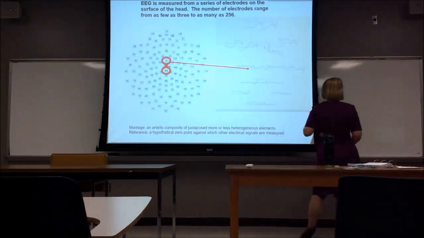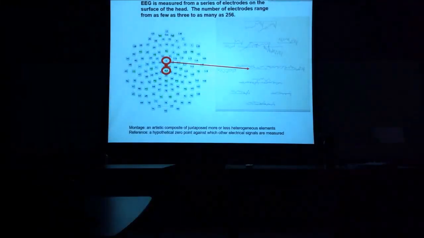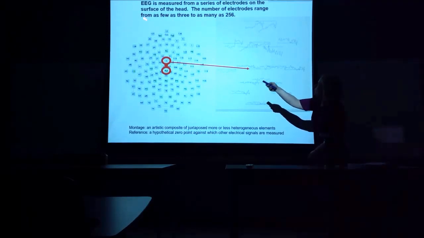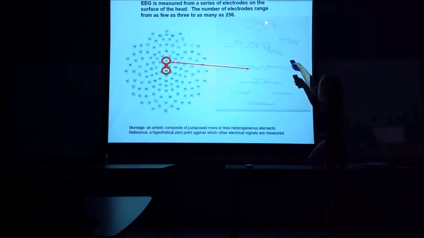In fact, in this particular one, these lines are really small. I'll turn this back on. In this particular one, up here is where the eyeballs are. And these two electrodes right here are actually around the eyes. And see this guy right here? Well, he's moving from one side to the other.